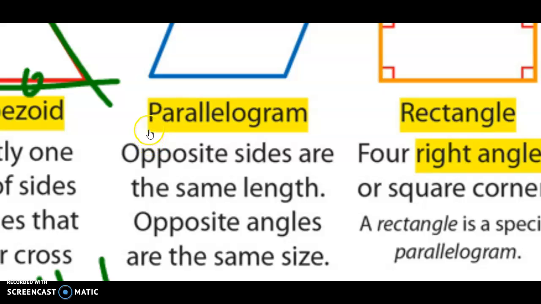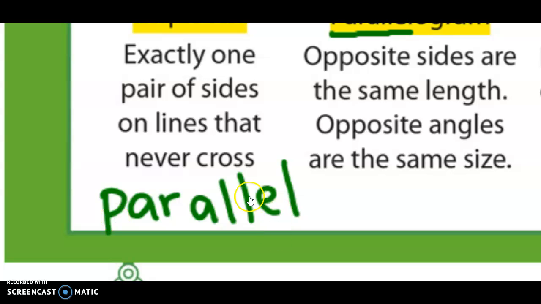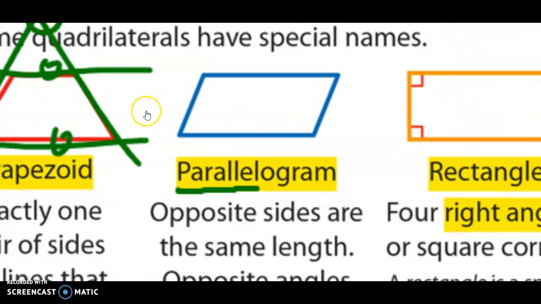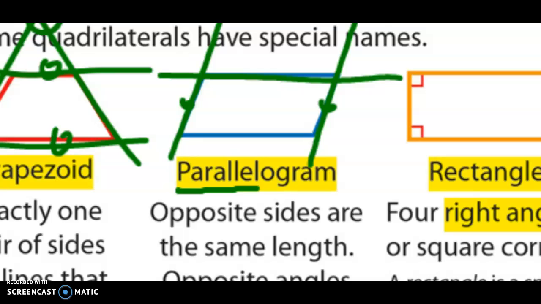If we look over here at that parallelogram, that has that word parallel in it that we just talked about, meaning that opposite sides are parallel. So if we draw this one forever and ever or this one forever and ever, they would never touch. So that's one set of parallel sides. Parallelograms have two sets of those sides.